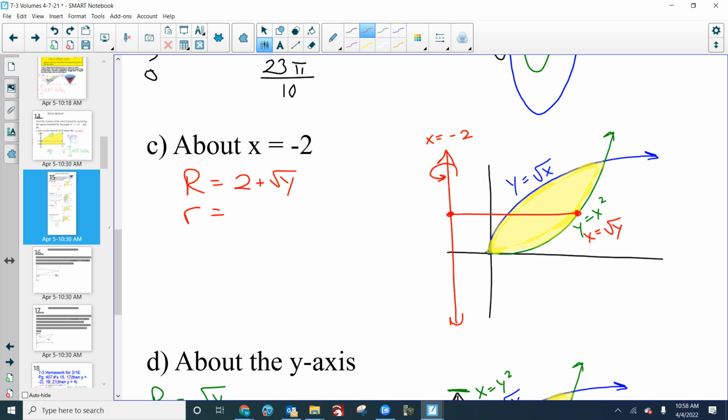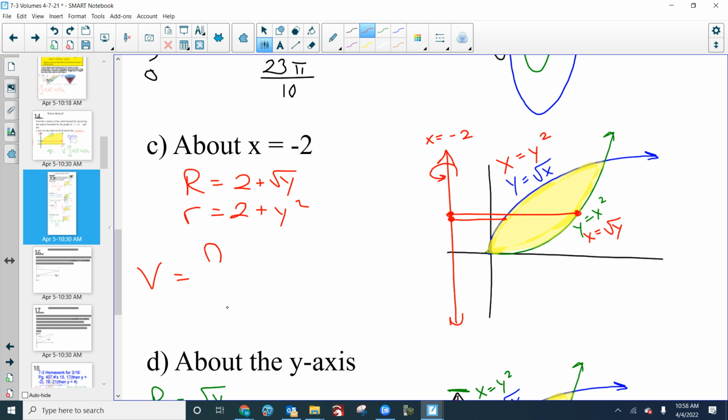Inner radius. 2 plus radical y. No, I wrote it wrong, sorry. 2 plus y squared. 2 plus y squared.